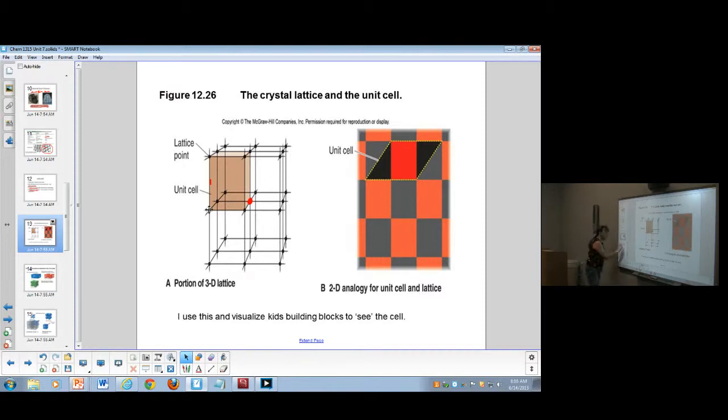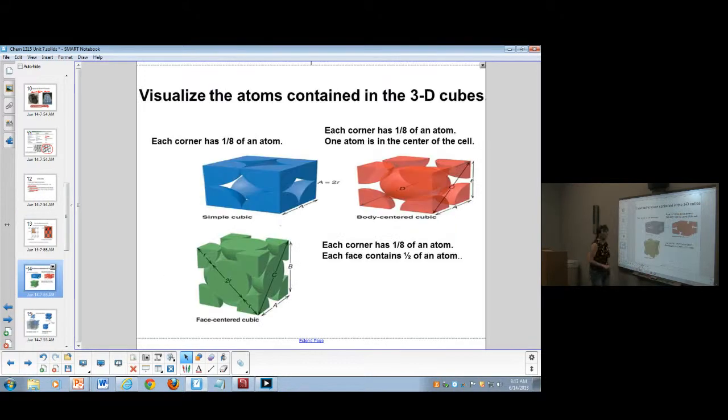All right, so in these cubic units that we're going to look at, we have three possible types of cubic cells. One of them is called the simple cell. We have something called the body center cubic, and the face center cubic, which we're going to look at all of these in just a minute.